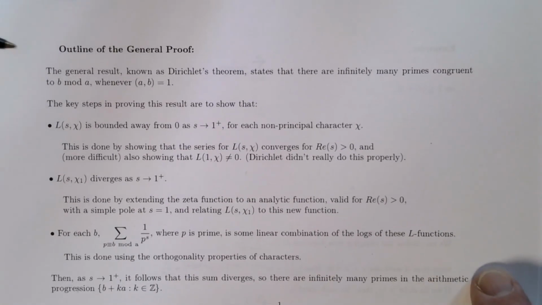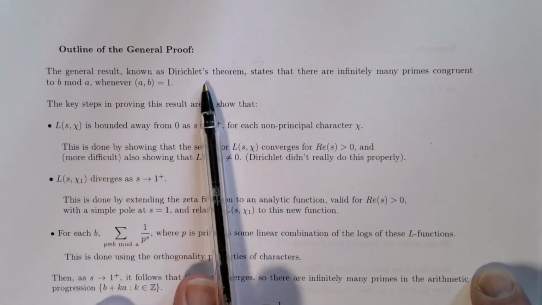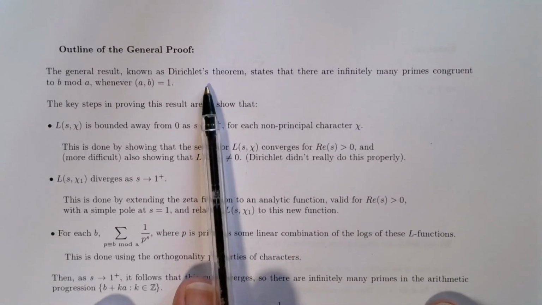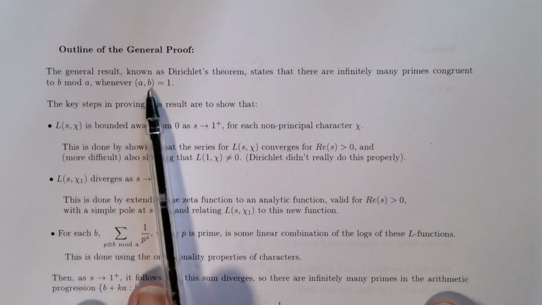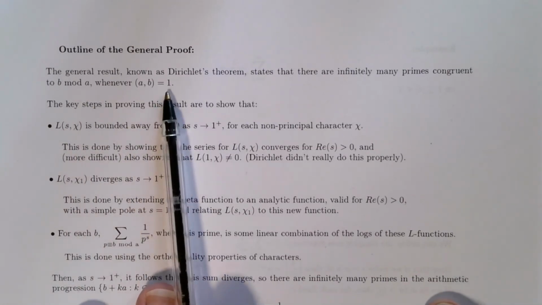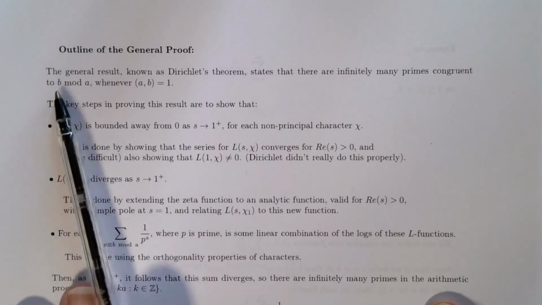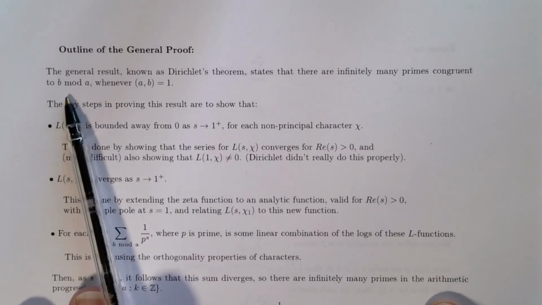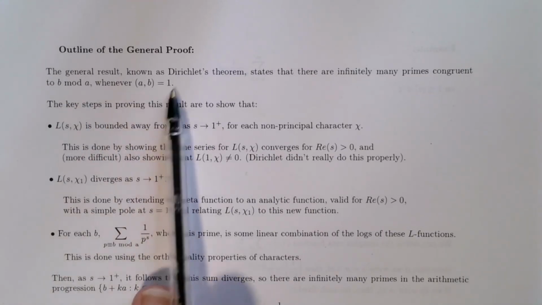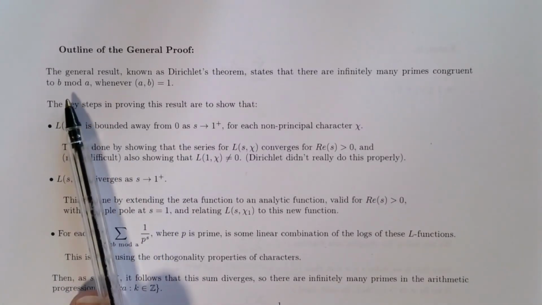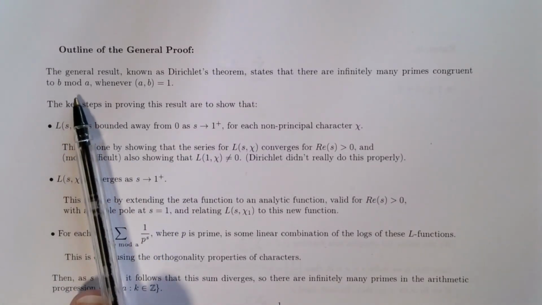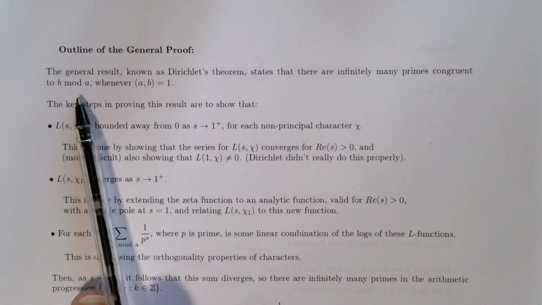The general result, which is known as Dirichlet's theorem, states that there are infinitely many primes congruent to b mod a whenever a and b are relatively prime, i.e. that's the set b plus ka, so b plus a, b plus 2a, and so on. This is an arithmetic series, and provided the first 2 terms have no common factor, then that arithmetic series will have infinitely many primes. So that's Dirichlet's theorem.